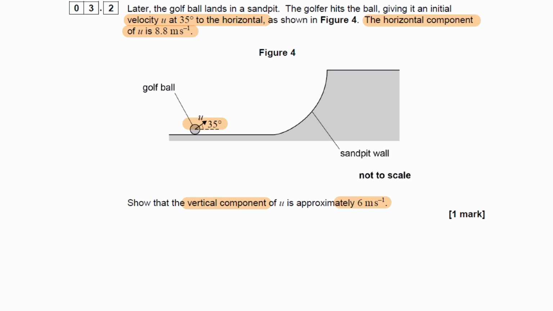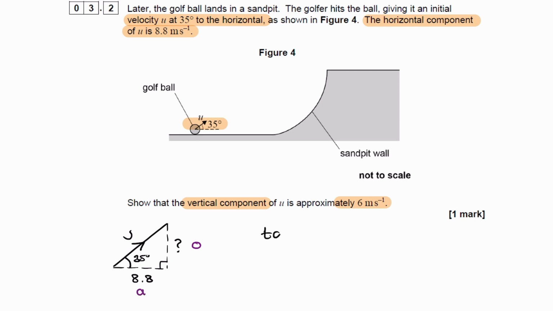So for this, we can draw a velocity triangle. So this is u. This angle here is 35 degrees. And we're told the horizontal component of velocity is 8.8. We're trying to work out the vertical component. Relative to the angle 35 degrees, we want to work out the opposite, and we have the adjacent, so we can use tan.